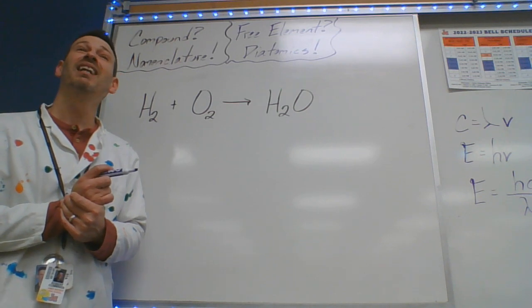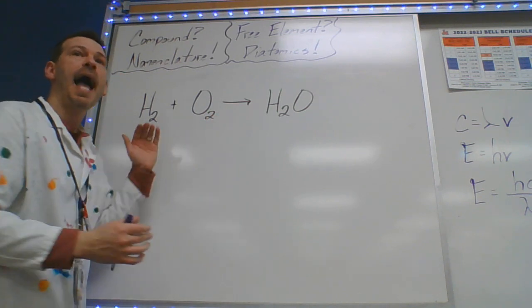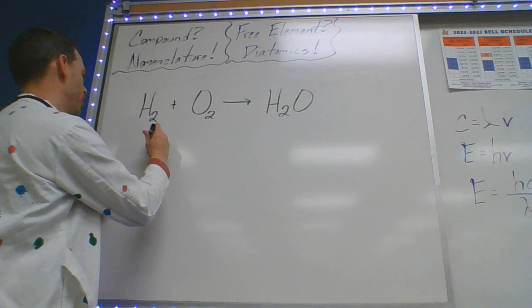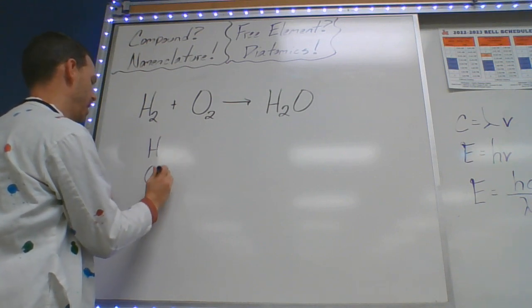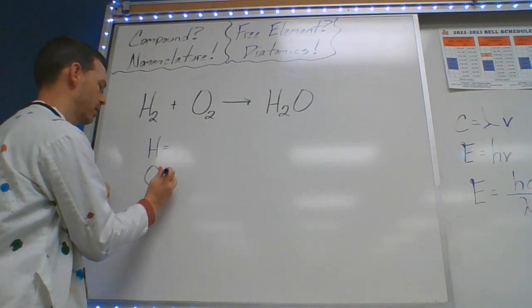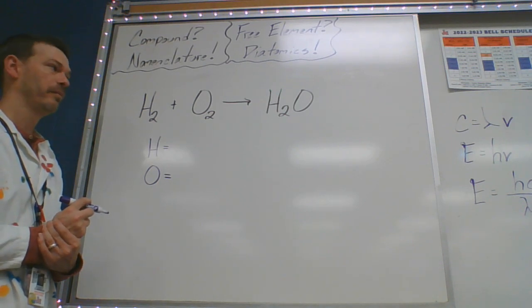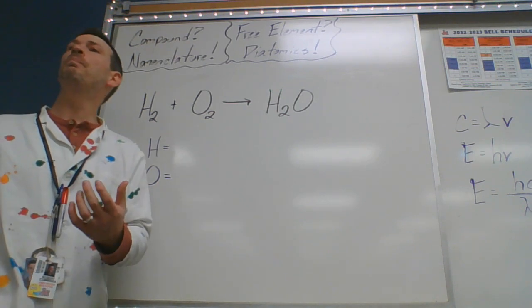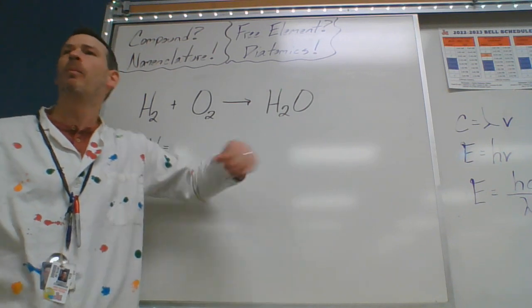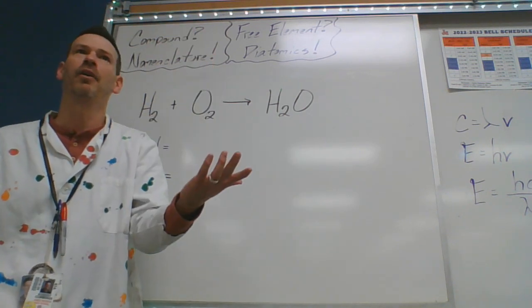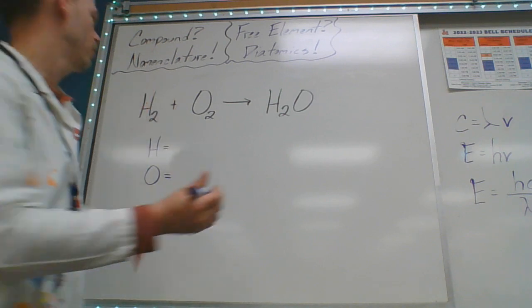Step 1, I'm going to list all of the reactants as elements. So I see 2 of them. I see H's and I see O's. I'm going to duplicate that list under the products. The whole point is to get 2 lists that I can compare together, right? So I've got the H's and O's for the reactants.